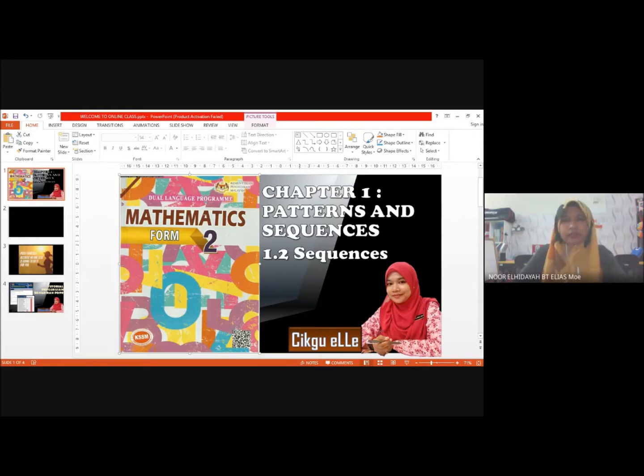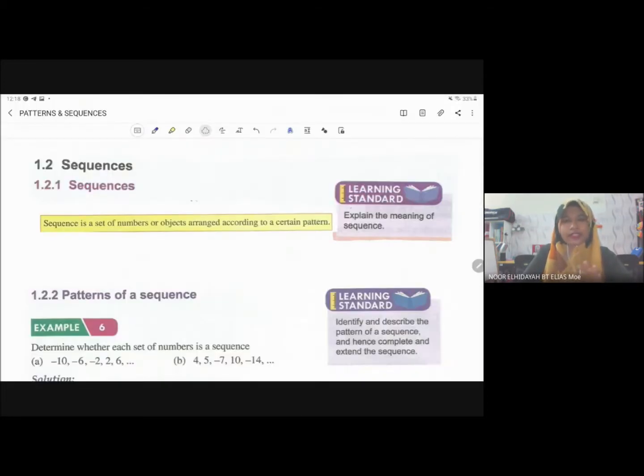Okay, jom. Learning standardnya ialah berkaitan dengan explain the meaning of sequence. So, you have to know what is sequence. Sequence is a set of number or object arranged according to a certain pattern. Dalam 1.1 you have learned what is pattern.